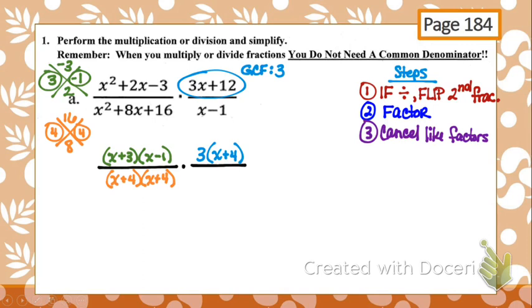No. No GCFs, no x squareds. Means it doesn't factor. We multiply our fractions by going straight across. So I'm not going to write this as one fraction because that just seems like an extra step. I know that I could just drag that fraction bar over. Anything going to cancel?